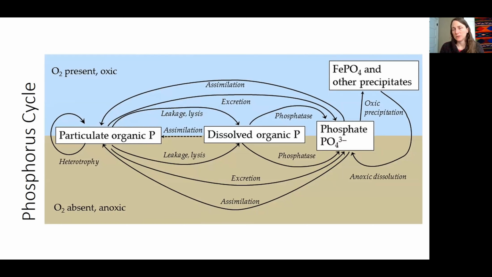And the details are not important necessarily, but just note that the brown parts of the cycle on the bottom have to occur in anoxic environments, and the blue parts have to occur where oxygen is available. And so some things need to take place where oxygen is available, and some need to take place where oxygen is not available. And each of the nutrient cycle figures that I'll show uses the same format.